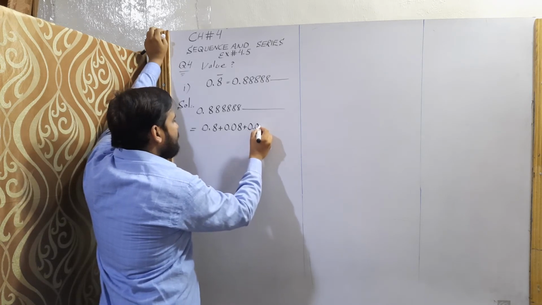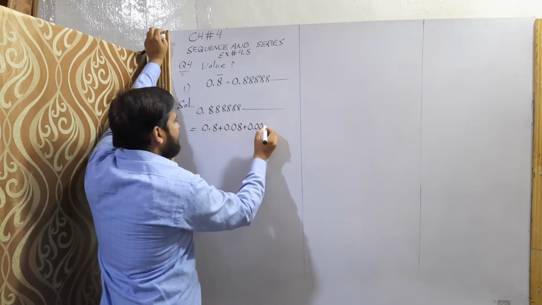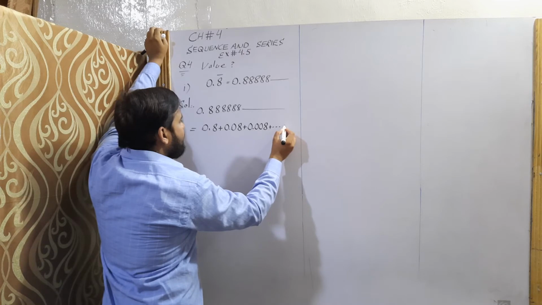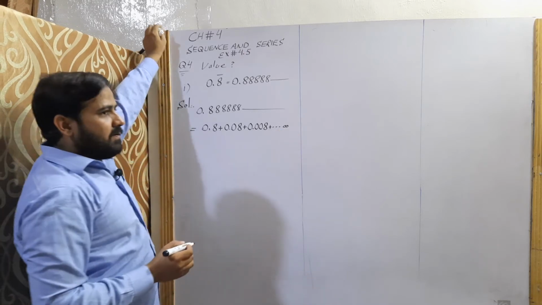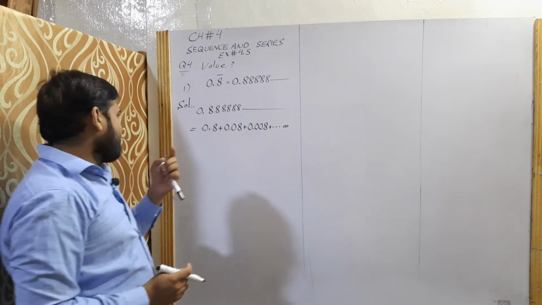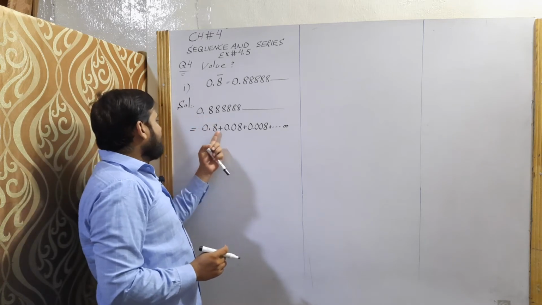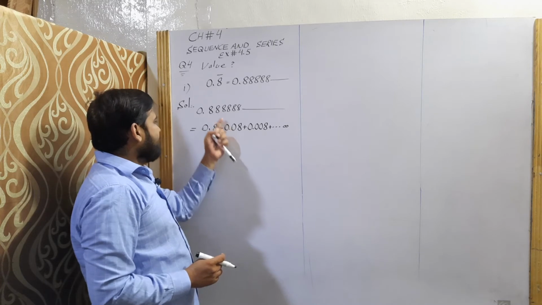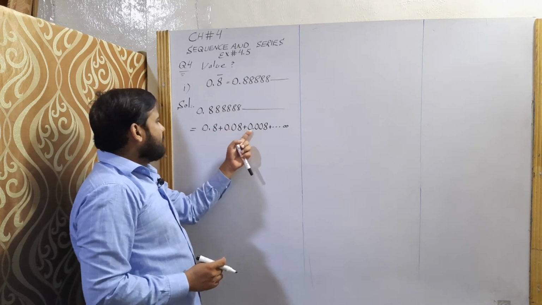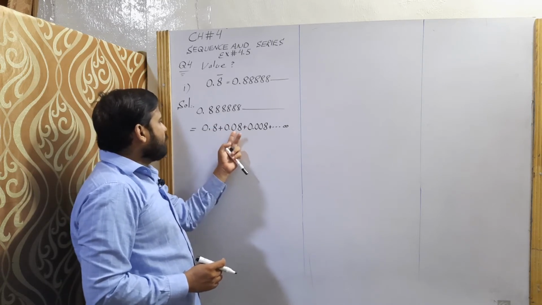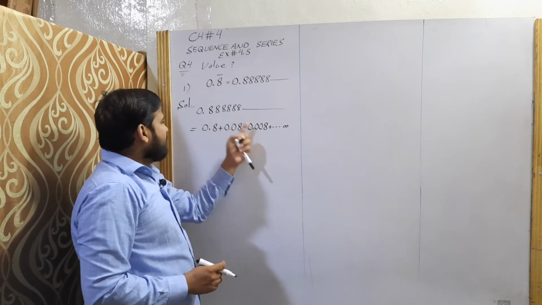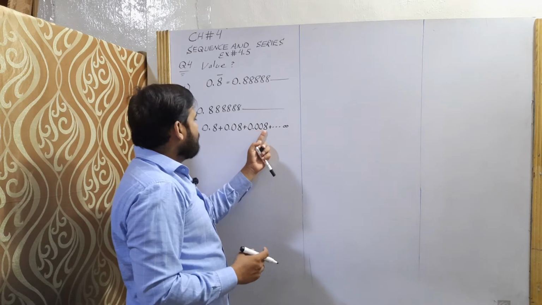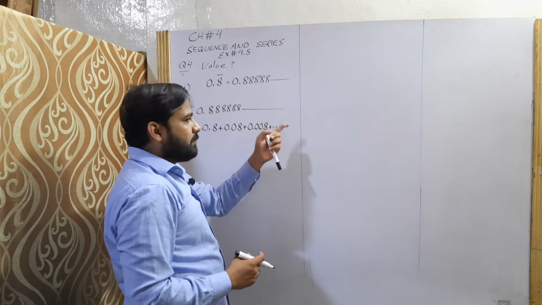There must be 2 zeros, and the next one is 8, plus up to so on, in this way up to infinity. Once again, 0.8 plus 0 point, 2 zeros and the next 8, plus 0 point, 2 zeros and the next 8, in the next step 0.00 and the next 8, up to so on.